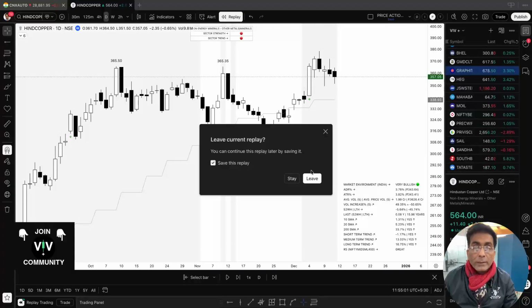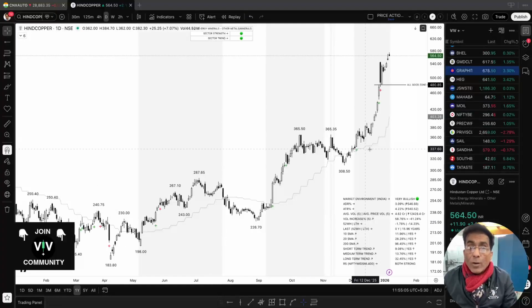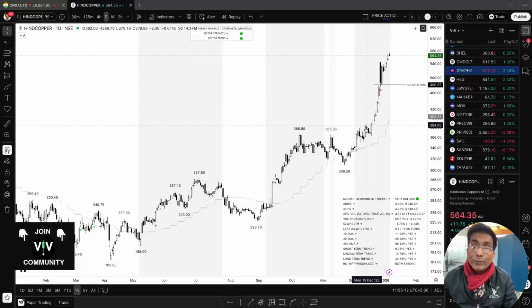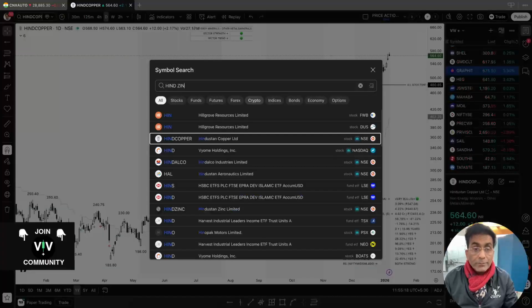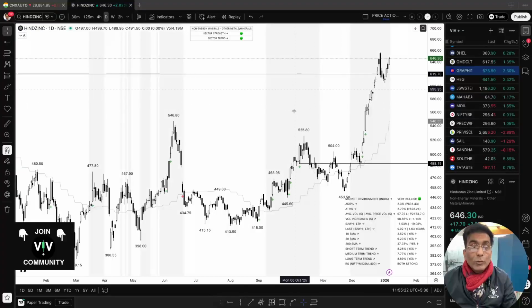But the same happened with Hindustan Zinc. Now you can see I bought near 350 rupees and now it's 564. It is going up continuously. I bought Hindustan Zinc on this day when it came near the 10-week, everything was positive.